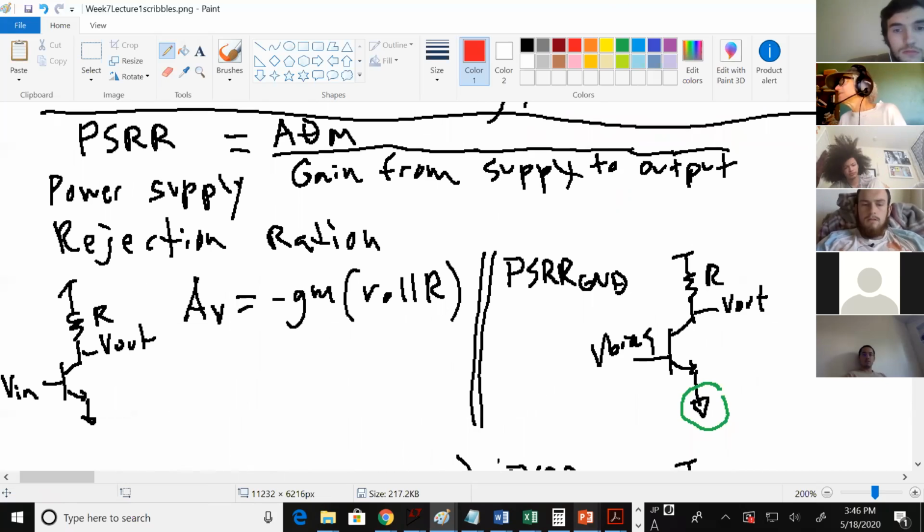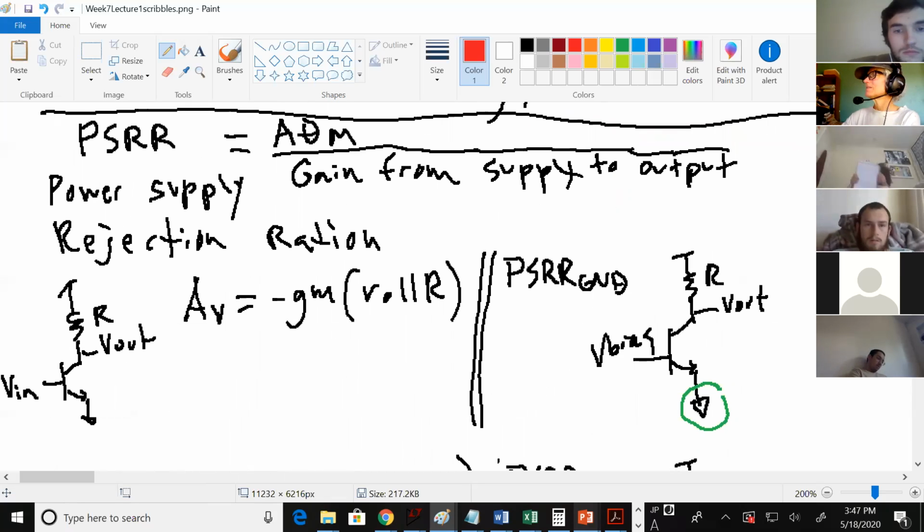Power supply rejection ratio. Again, it's a rejection ratio, so it's something you want big over something you don't like, over something you want small. Power supply rejection ratio is the gain from the input to the output. That's the thing you want, so that goes in the numerator. In the denominator, when we talk about supply, I mean either ground or VCC, VDD.